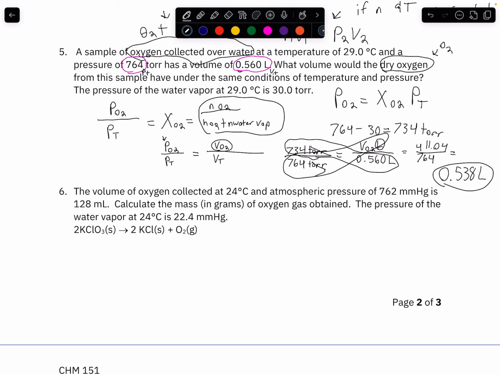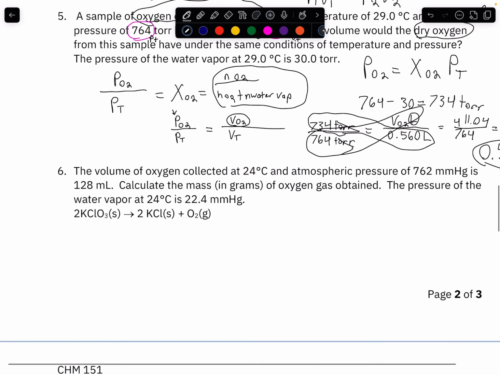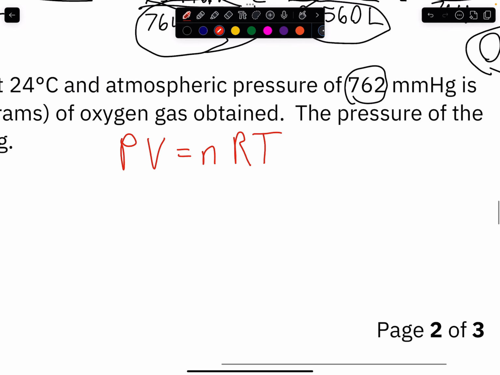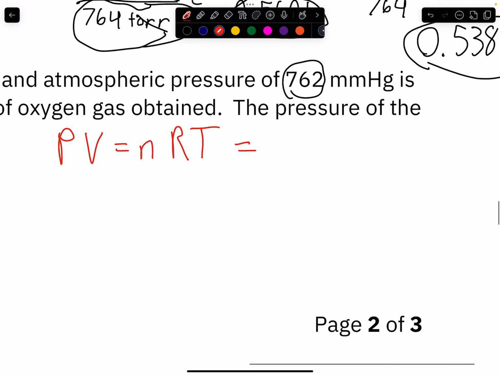Now, I'm not going to lie to you, this is a very kind of silly moment, because if we took this pressure and found the partial pressure, what we're really doing is using our ideal gas law, which is pressure times volume equals our moles times our R times our temperature.